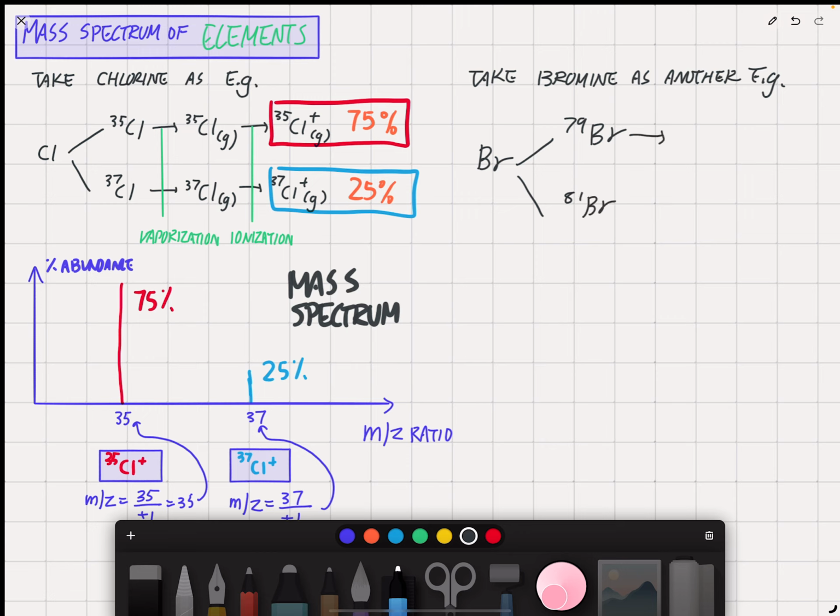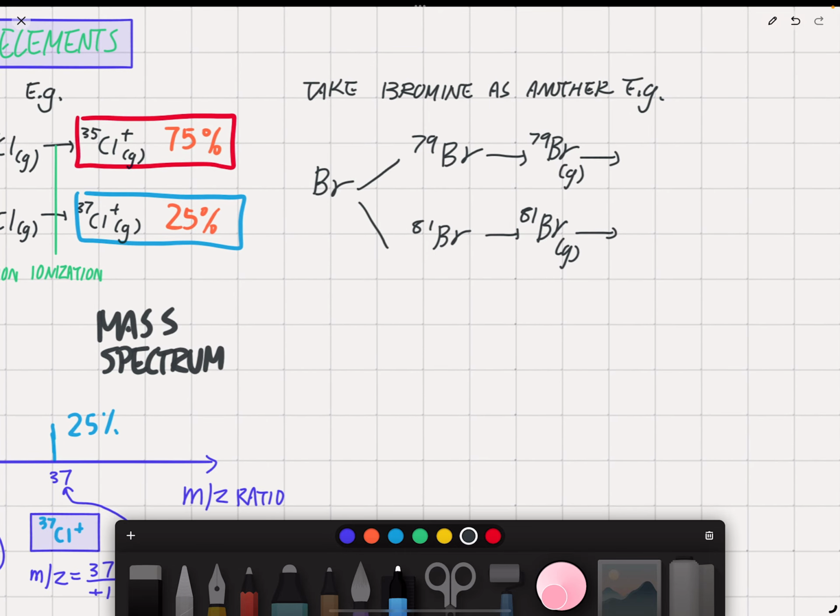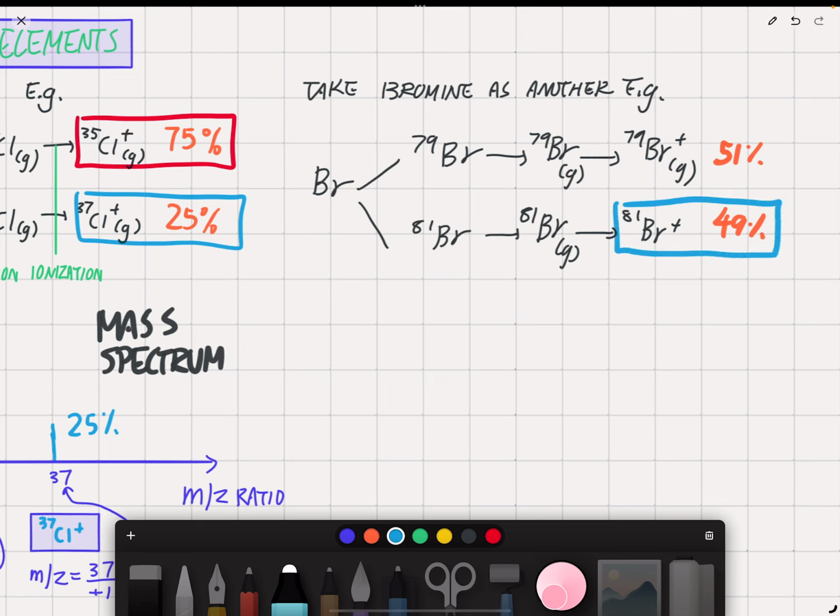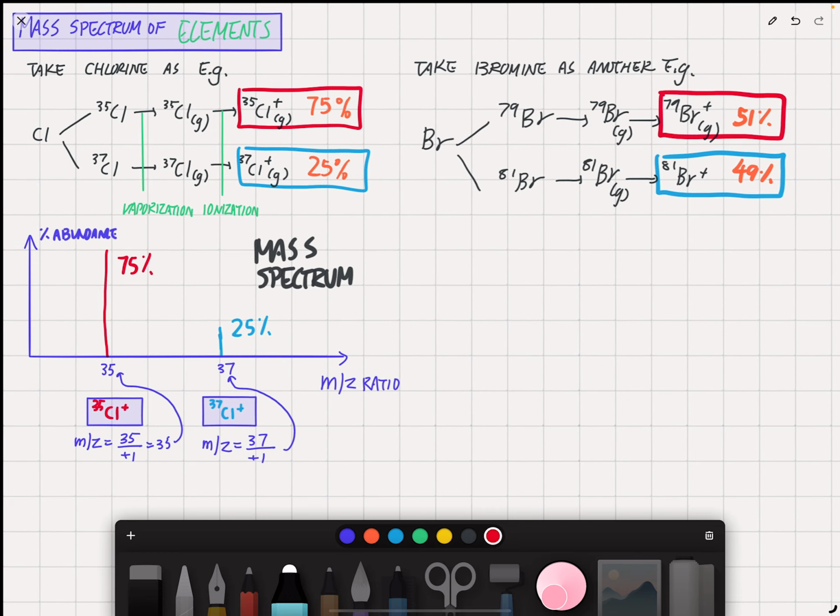And just like chlorine, it will undergo vaporization and ionization like before, where it turns into a gas and later a positively charged ion. But this time the percent abundances are different. They are roughly 50%, or more precisely, 51% and 49%. But it's close enough to a 1-to-1 ratio. So you have close to a 1-to-1 ratio, whereas for chlorine you have close to a 3-to-1 ratio.